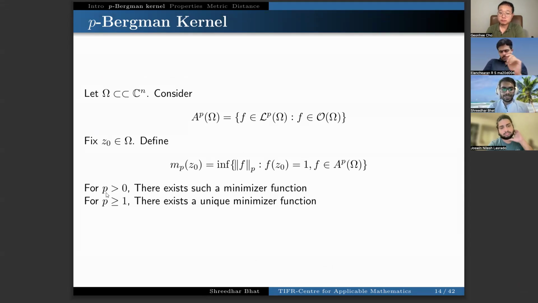So the result is that if p is bigger than 0, then there exists a minimizer function. Existence is known. But if you are looking at p bigger than or equal to 1, there is a unique minimizer as well. So we are only looking at AP for p bigger than or equal to 1.